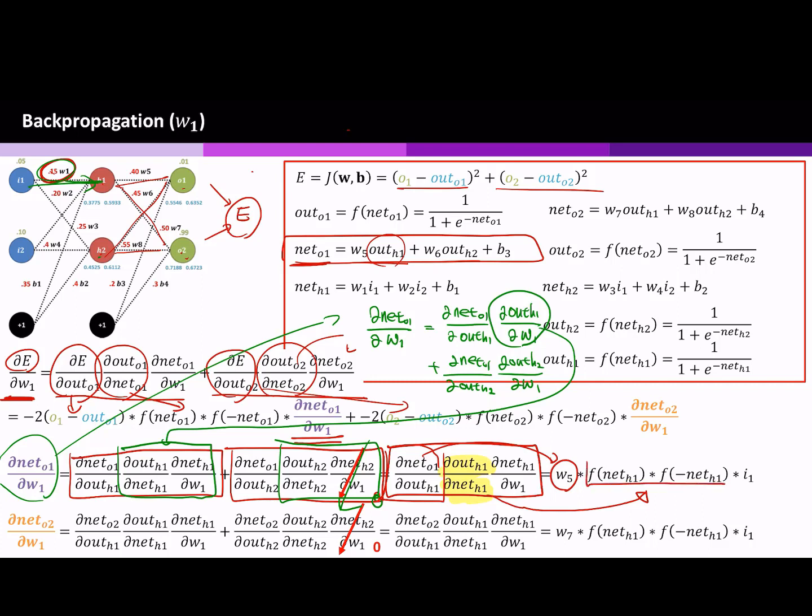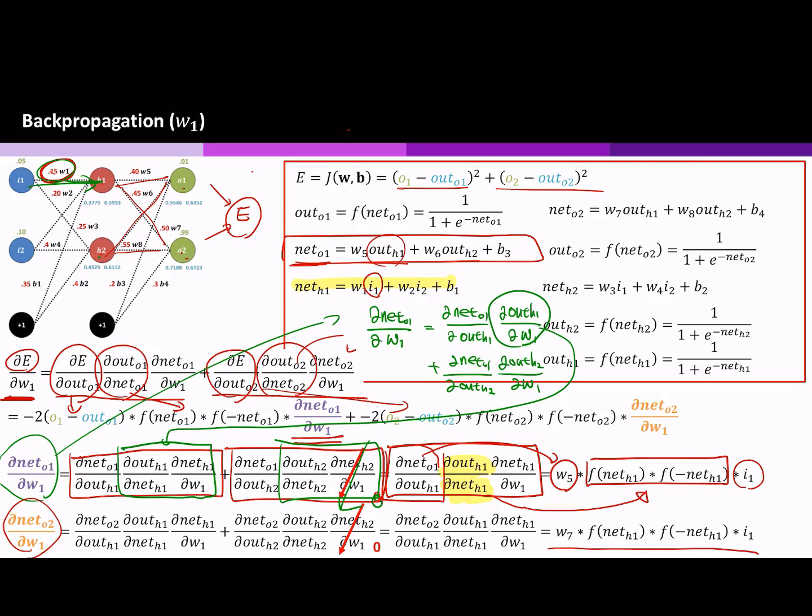What about net H1? Where is net H1? Here, right? Its derivative over W1 is I1, right? You can compute net O2 over W1 in a similar way.